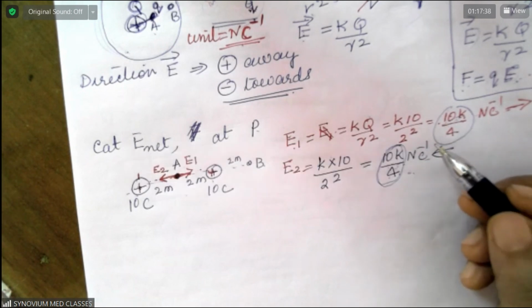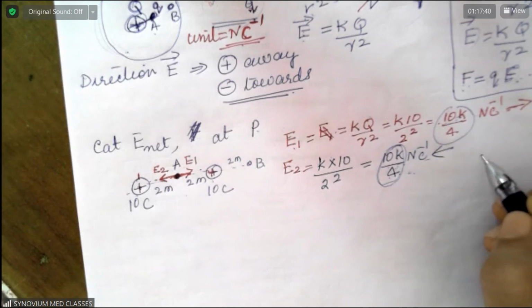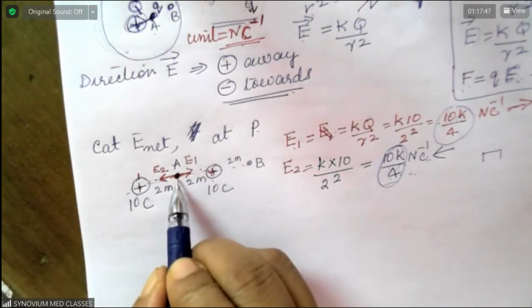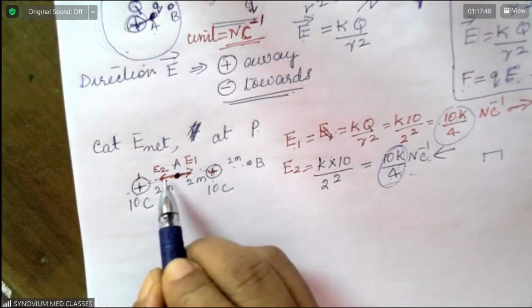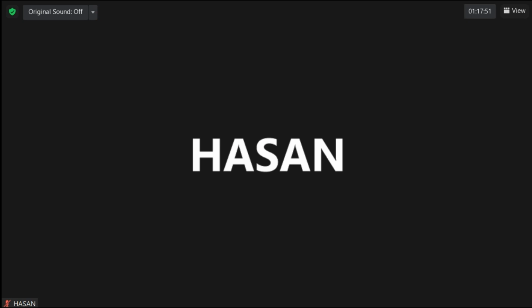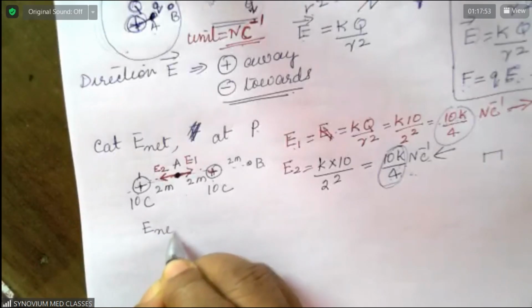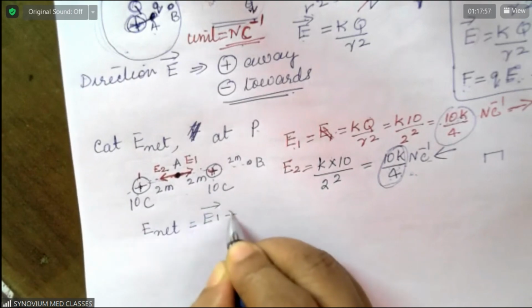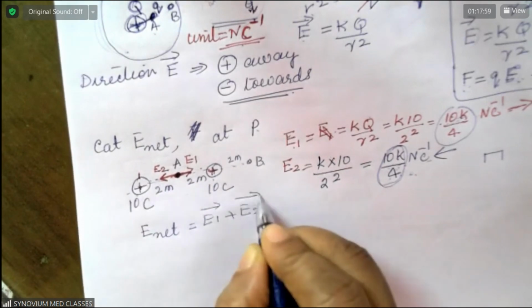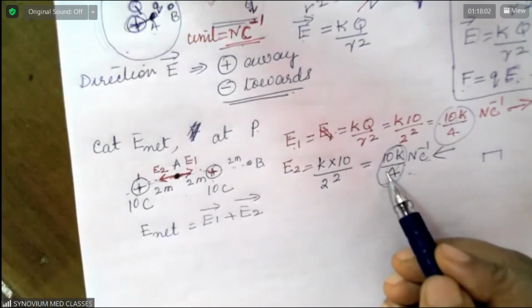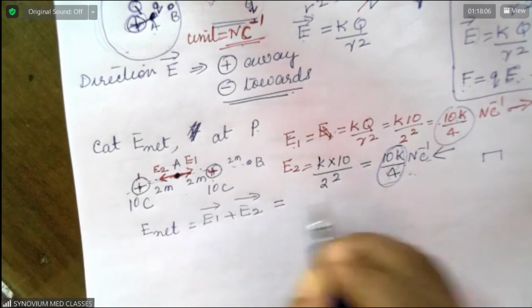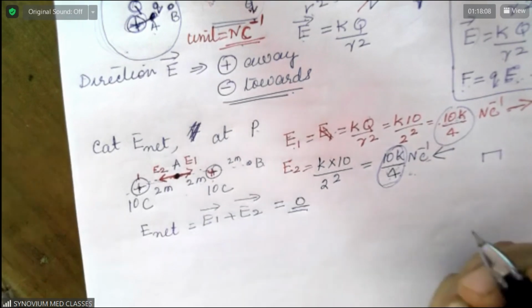What is the net field? Very good. Therefore, E net is equal to E1 plus E2. They are of equal magnitude, but the directions are opposite. Therefore, 0.